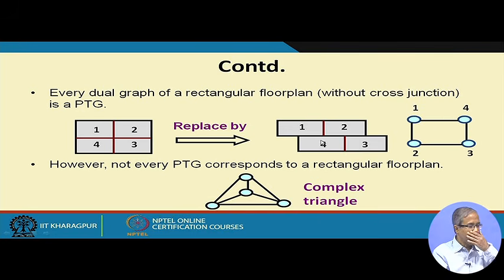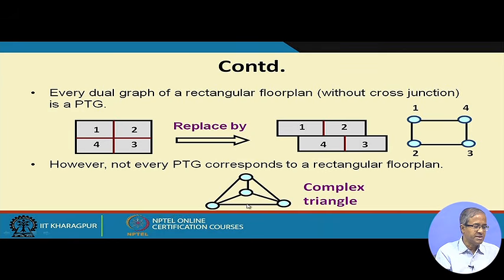Okay. Now, there is one problem though: every planar triangular graph cannot be translated into a floor plan. This is the one and only problem case. This is called a complex triangle. This actually indicates a complete graph of 4 vertices drawn like this.